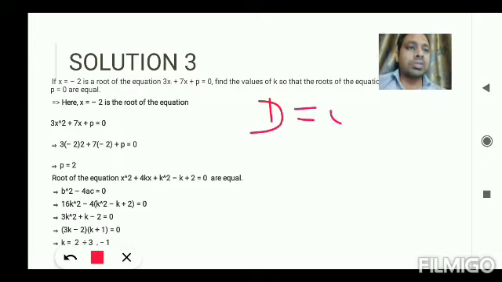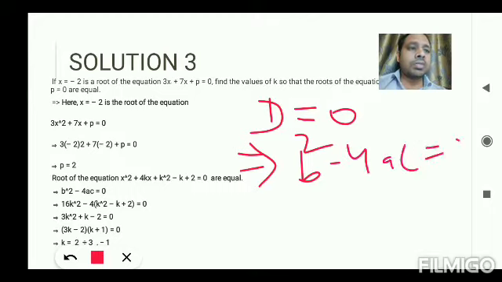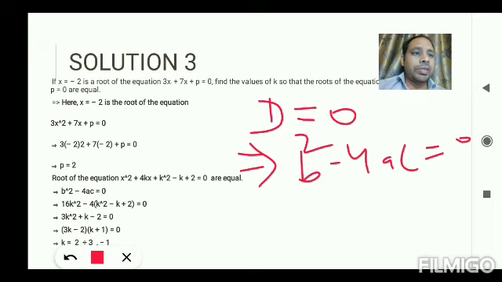That means D equals 0, that means b square minus 4ac equals 0, right? Now if we compare the second equation with the standard form of a quadratic equation, we will get the value of a as 1.